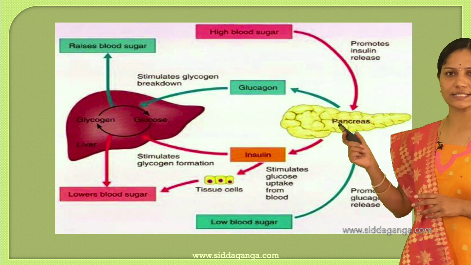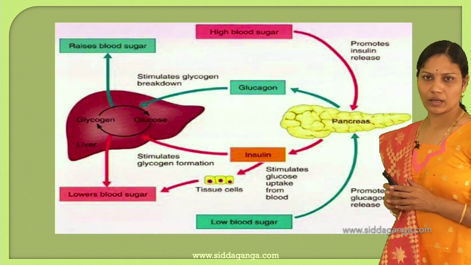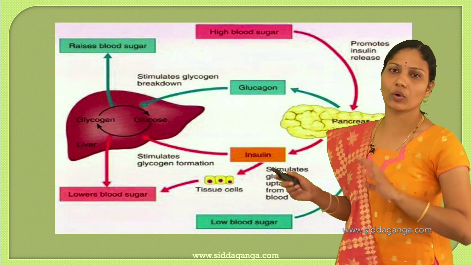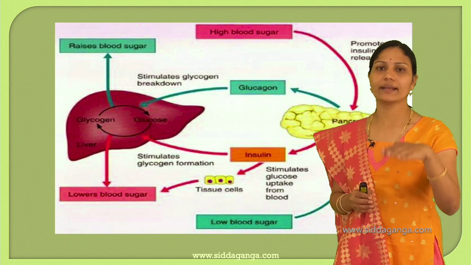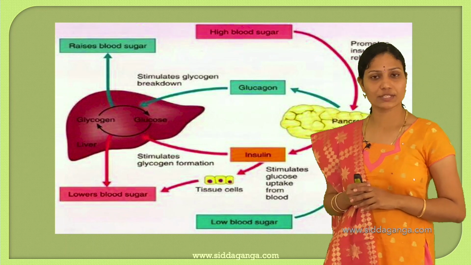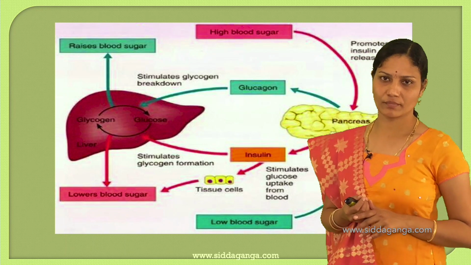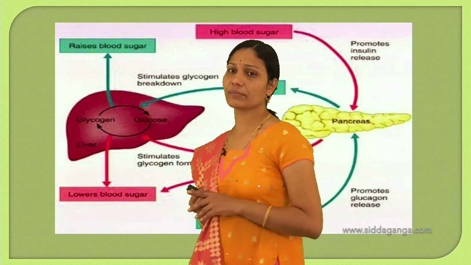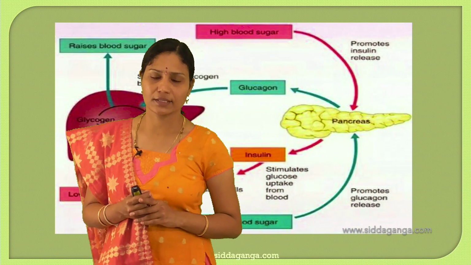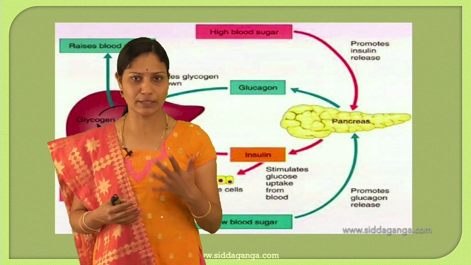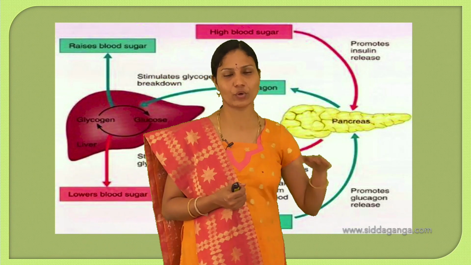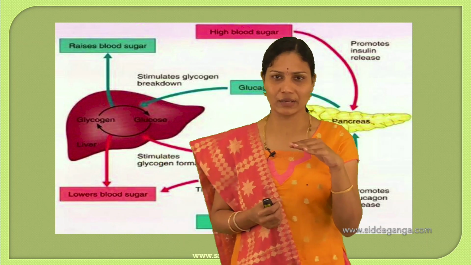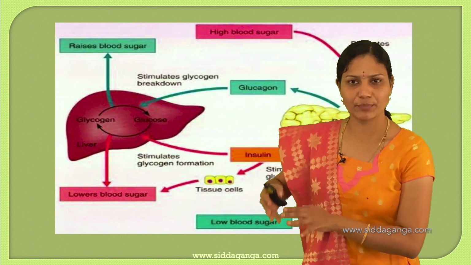So this depicts how insulin and glucagon together work in maintaining the glucose level in the blood. What happens after a full meal? The sugar level dramatically rises in the blood. After having a full meal, in half an hour or 1 hour or so, the carbohydrates are broken down.